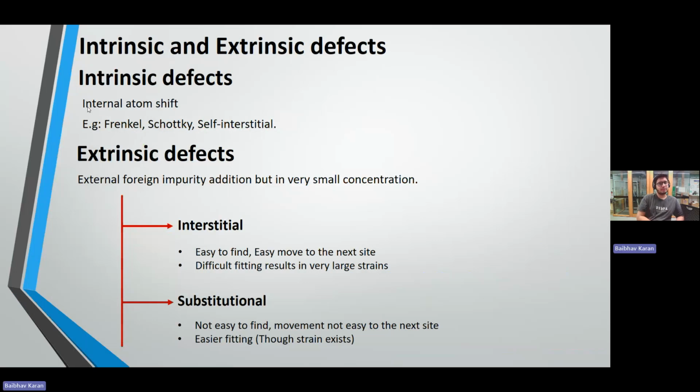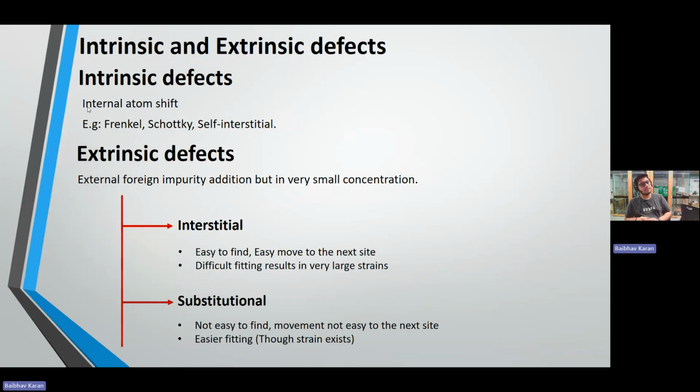Then come substitutional defects. These are not easy to find because all the lattice sites will be occupied by atoms, right? So to create the defect, we have to move the atom from the original lattice site. It has to go out of the sample or go to a different interstitial site, and the foreign atom has to sit in that lattice site. So there is a lot of energy involved in removing the atom and making the foreign atom sit in that substitutional site.